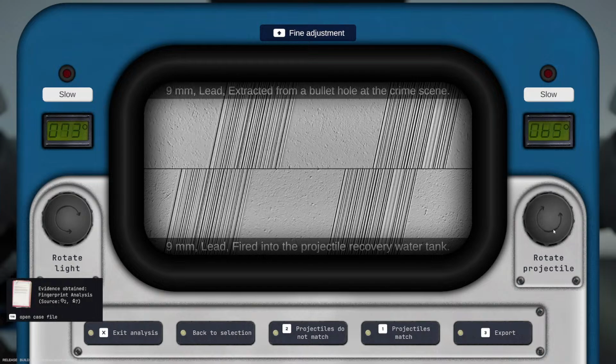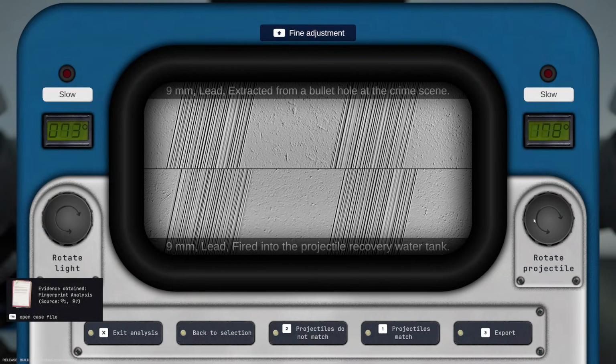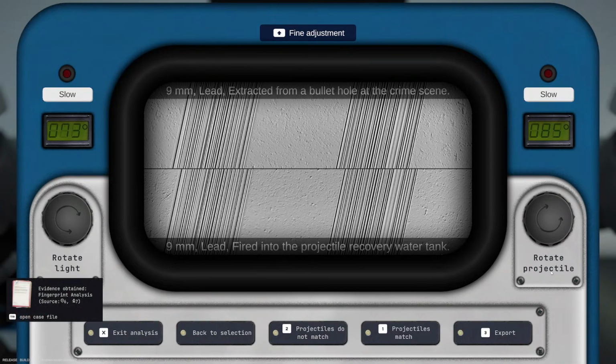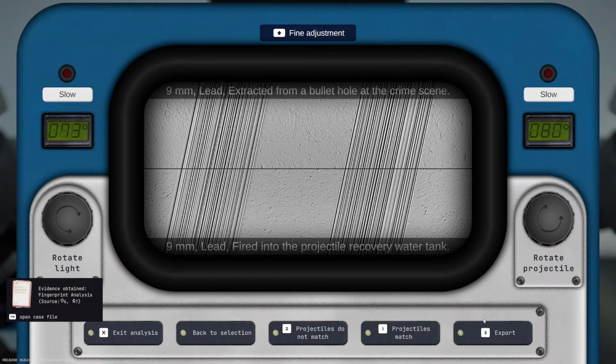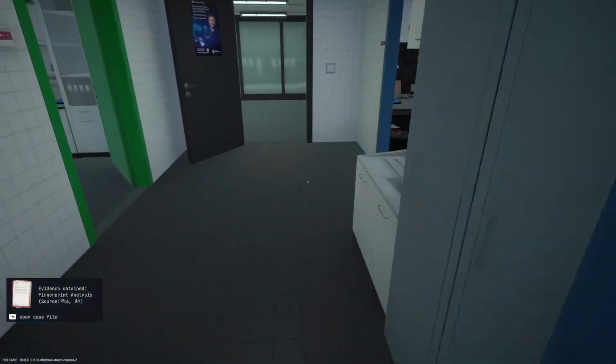There's got to be a better way. Oh, there we go. I feel like this is probably going to be the match coming up right here. Yeah, that looks pretty darn close. That is a match. Export that. Let's get out of here. I think we got our gunman.